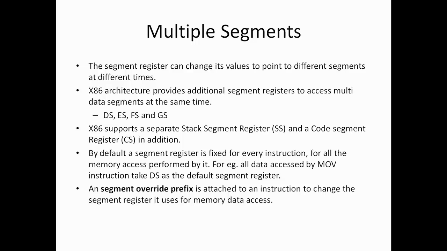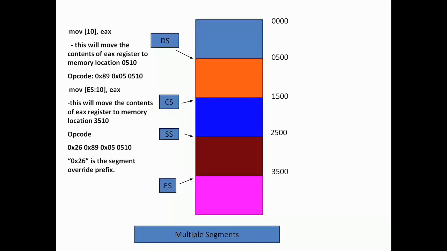For example, all data accessed by a move instruction takes DS as the default segment register. Now, if I want to change that DS to ES, then I put something called a segment override prefix, and if I use that, then DS becomes whatever other segment you want. So, this 0x26 is a segment override prefix.